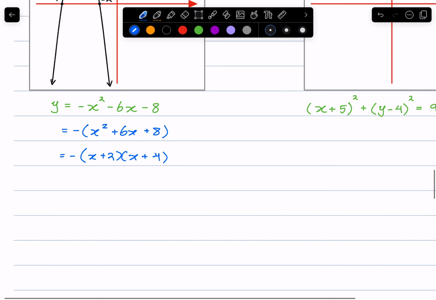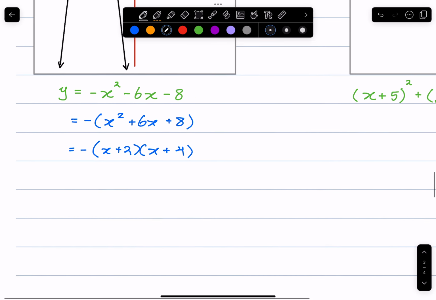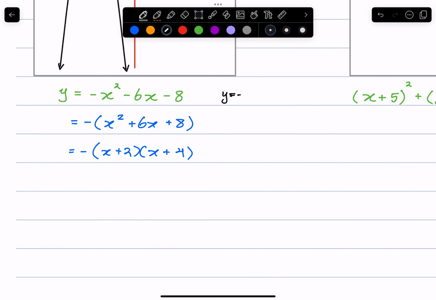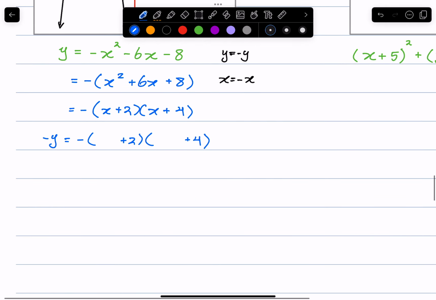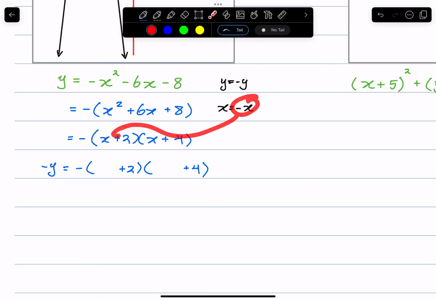And so now we're going to substitute both y equals minus y and x equals negative x. So this becomes negative y equals negative ... and plus 4. Once again, just really emphasizing how I'm going to be substituting negative x for where x is.